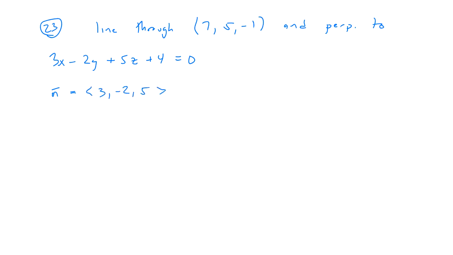The question is, what is the relationship between the normal vector and the line that we want? This is the pencils thing: the normal vector is perpendicular to the plane. If we want a line that's also perpendicular to the plane, then it must be parallel to the normal vector.